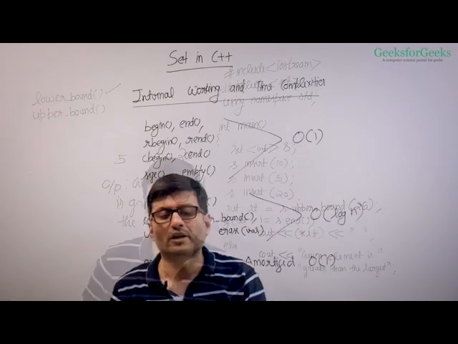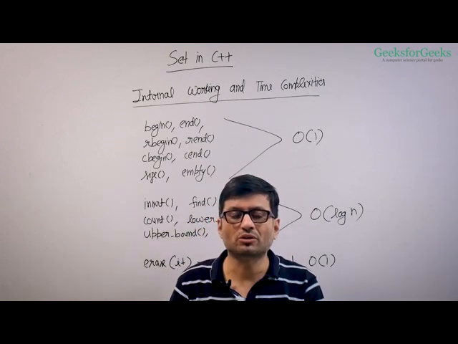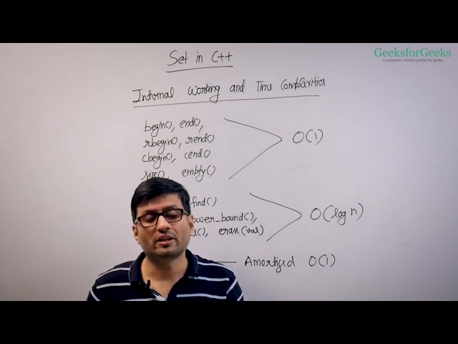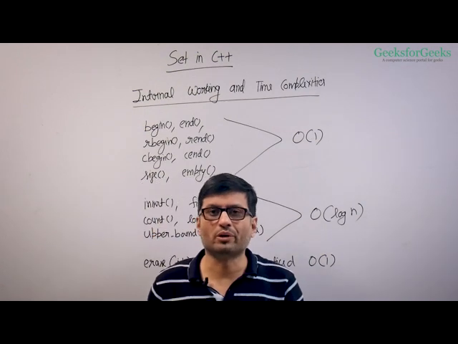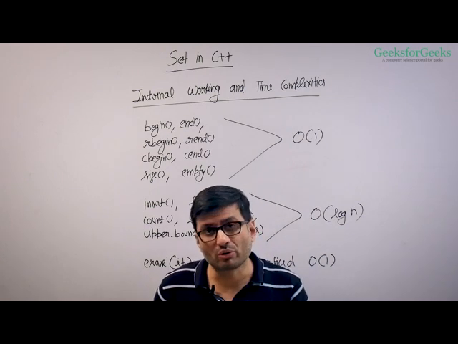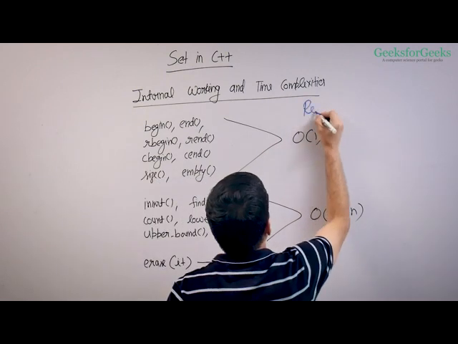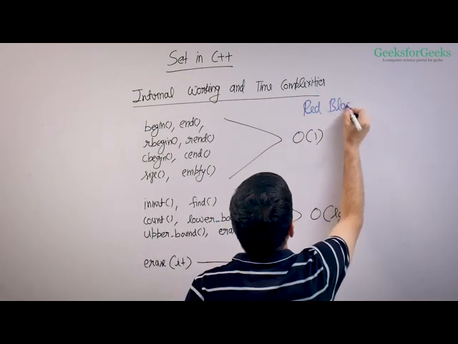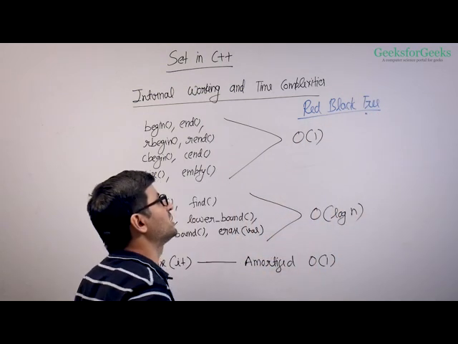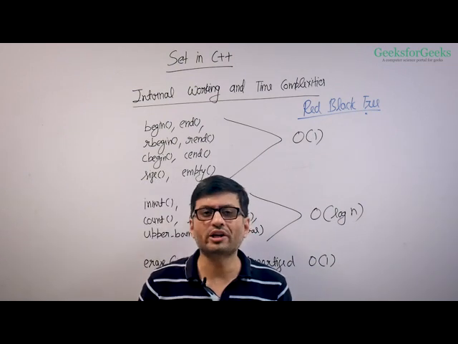Let us now talk about the internal working and time complexities of different operations for a set. Set is built on top of a self-balancing binary search tree, and in particular a red-black tree. So internally set uses a red-black tree. A red-black tree is a self-balancing binary search tree where the height is log n.